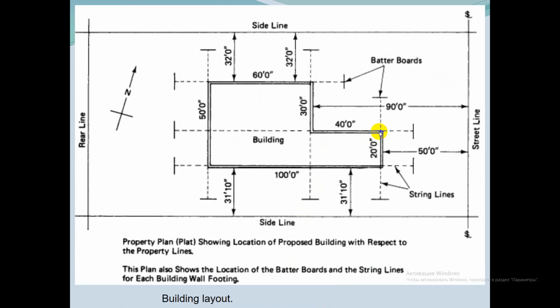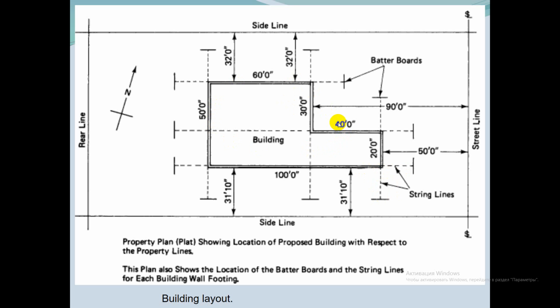Once the corners have been laid out and verified, their offsets and batter boards can be laid out. Here you can see a location of batter boards and string lines used for control of a building.